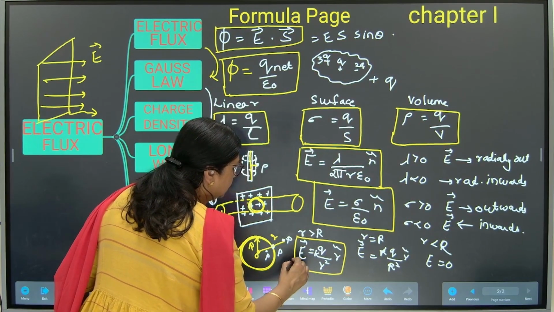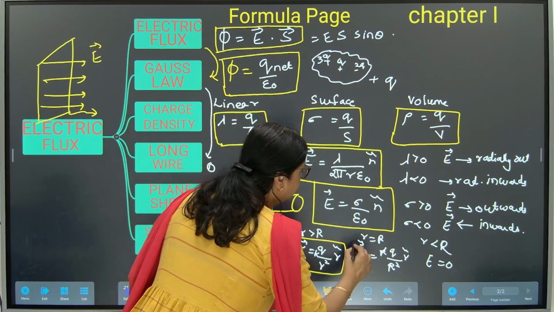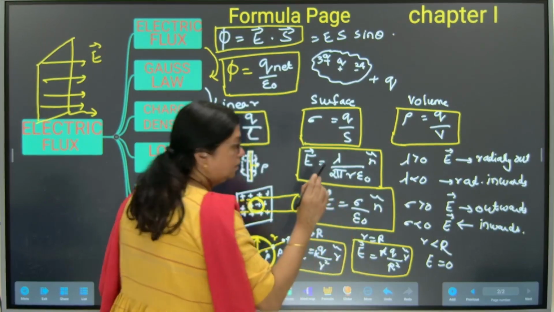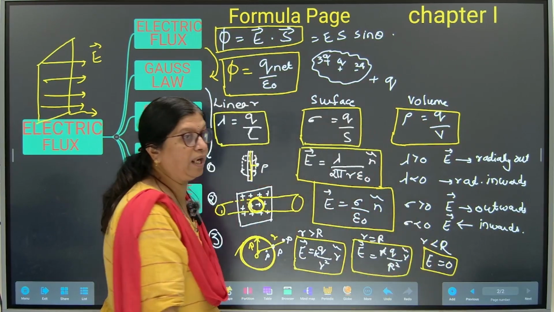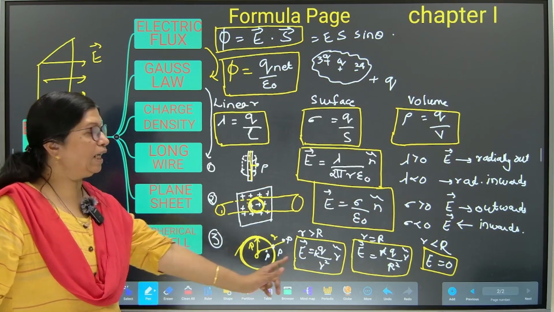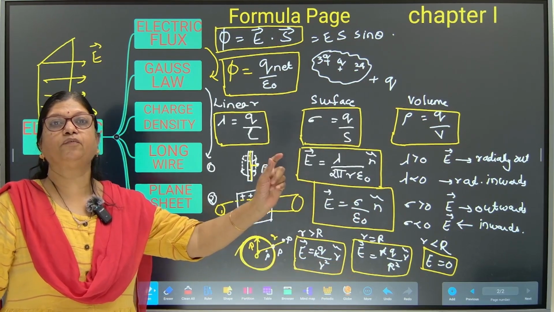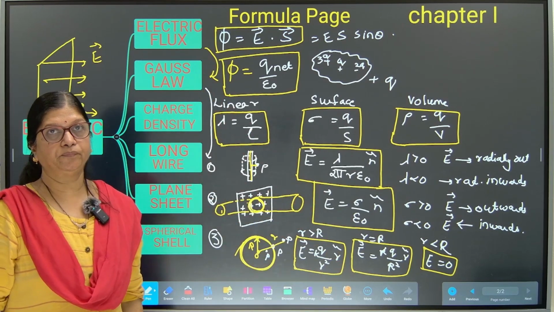This is the electric field for a point outside the shell. This is the electric field for the point on the shell. This is the electric field if the point is inside the shell. Okay? So these 3 applications can be found out with the help of Gauss's law.